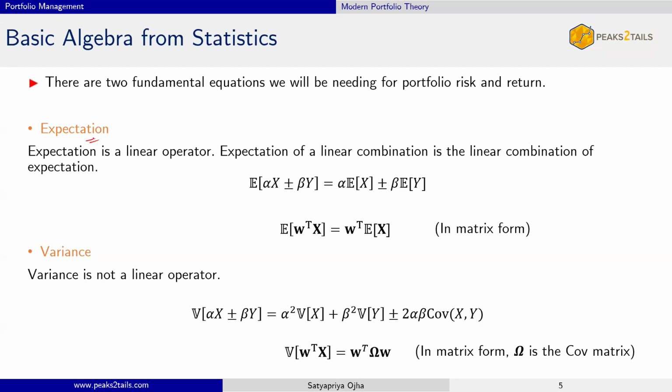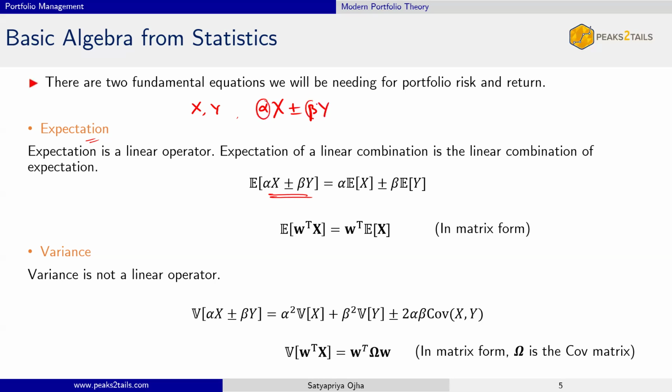Expectation of a linear combination of two random variables. Don't get put off by this mathematics. It's not advanced at all. It's very simple. Let me break it down for you. If you have two random variables, x and y, and I create a linear combination of them, alpha times x, you can put a plus or minus, does not matter, beta times y.